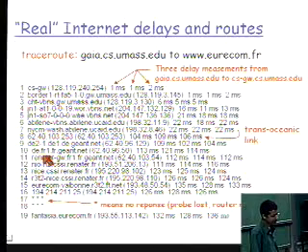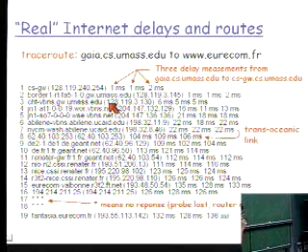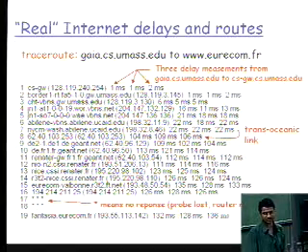So it's giving you the name, and when possible the name, and also the IP address of all the routers on the way from this machine to this machine. So you can run this traceroute program on your CS account to different hosts, and you'll see where all the packets go through in reaching the final destination.